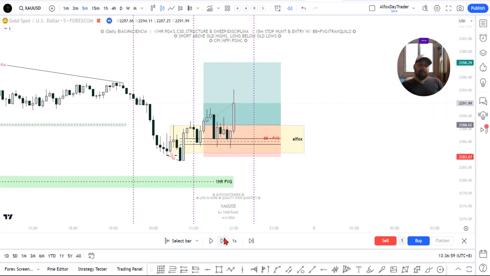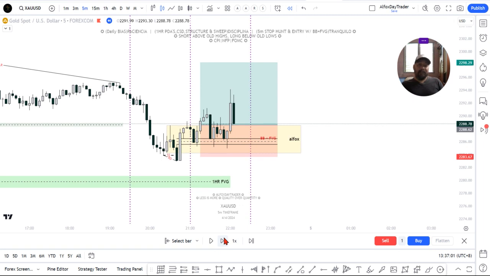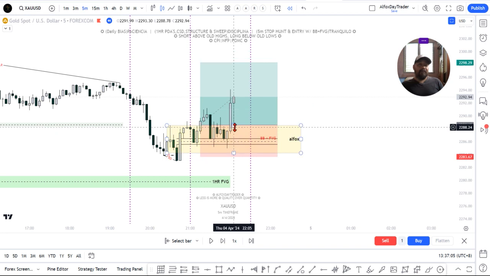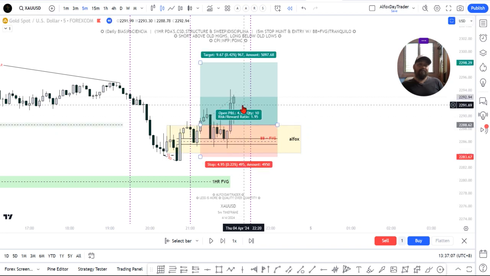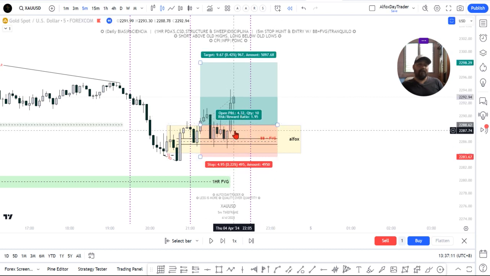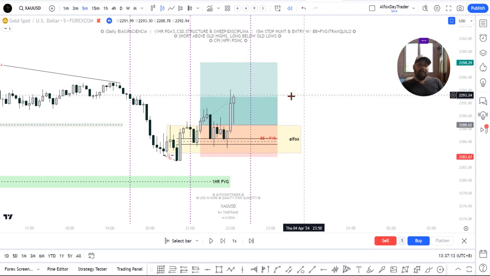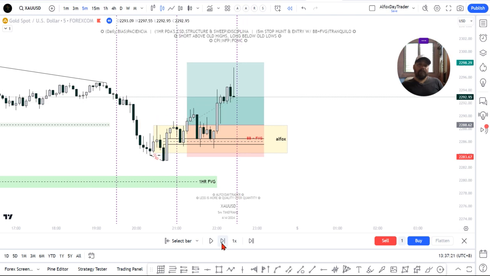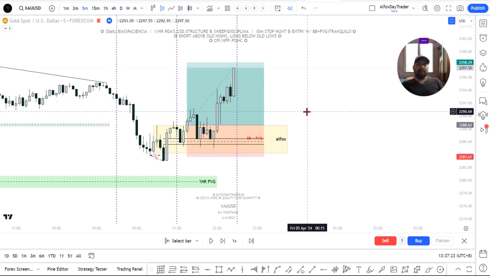So after this candle, as you can see, price went down and then it went up. So maybe for some, if you adjusted your stop loss, maybe you got tagged out here. But for me, I'm still in for this trade. And then the next candle, it went up and it went up.